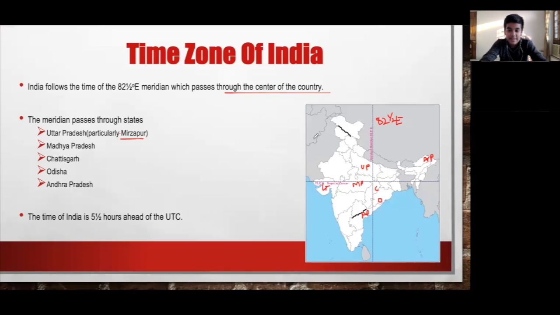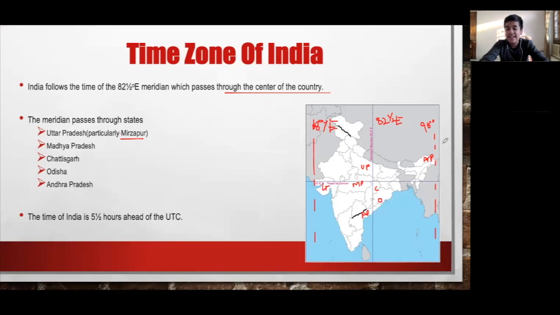So this meridian which passes over here is the 68 degrees 7 minutes east, and the meridian which passes over here is the 97 degrees 25 minutes east.